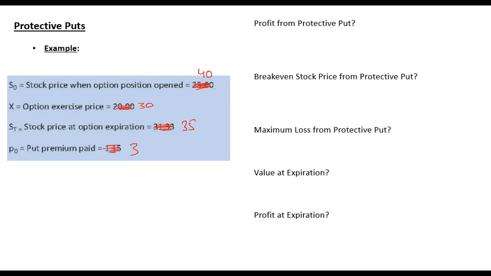Stock price is 35. Value of stock, which is 35, plus value of put option, which is X minus S, and X minus S is negative, which means payoff will be 0 because option will not be exercised. So value is 35.